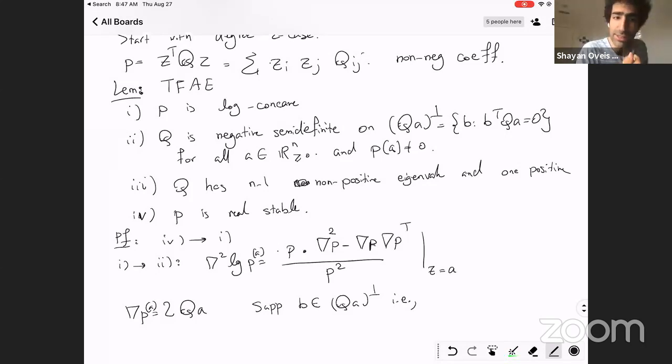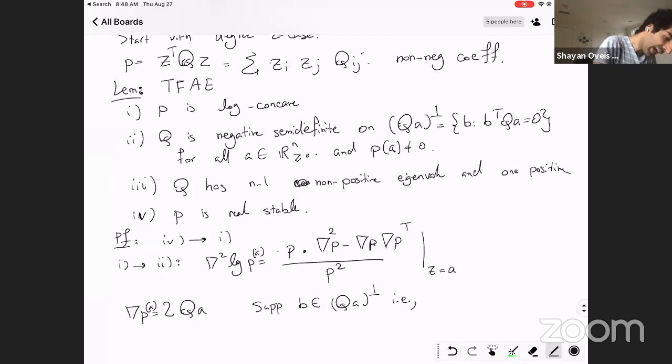In P you have Z1, Z2 terms, but when you differentiate, one of them goes away, so you only get one Zi, and then you substitute A. So for Z1, Z2 you get it twice: Z1, Z2 times Q1,2 plus Z1, Z2 times Q2,1. That's why you get the factor 2. And you also get Z1 squared, so when you differentiate it again, you get 2 Z1. So there's a factor 2 you can factor out.